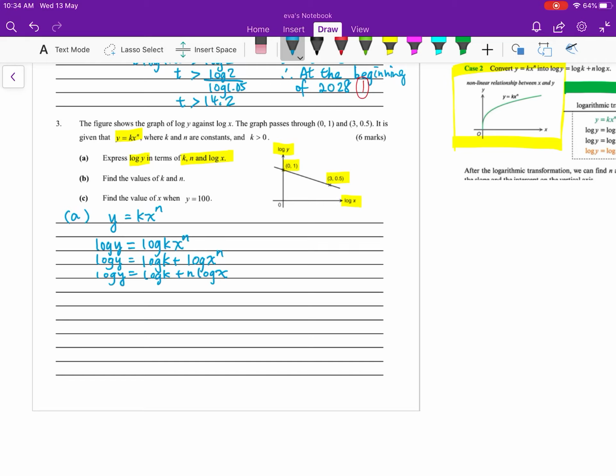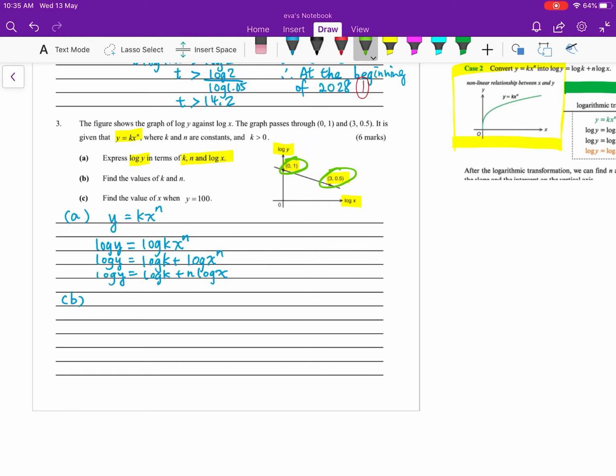So we have done with the first section, part A. Next, B, find the value of k and n. What we can do here is substitute the numbers (0, 1) and (3, 0.5) to find the answer, because the first number represents log x and the second number represents log y.